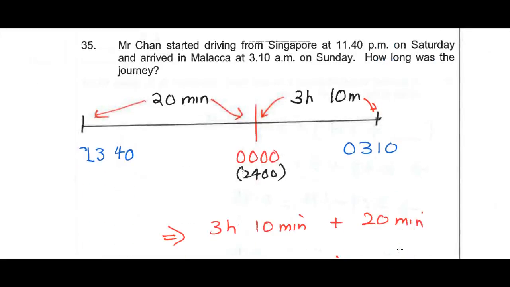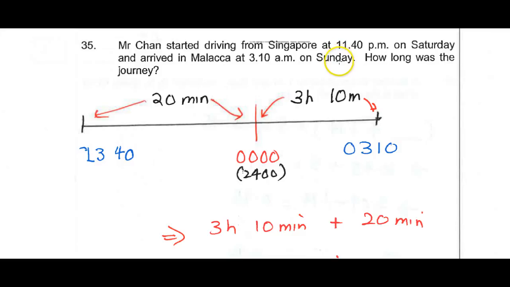Now, Mr. Chan started driving from Singapore at 11:40 p.m. So 11:40 here is 23:40, 11:40 p.m. Okay, on Saturday, very late at night, and arrived in Malacca at 3:10 a.m. the next day, early in the morning, on Sunday, from Saturday to Sunday.